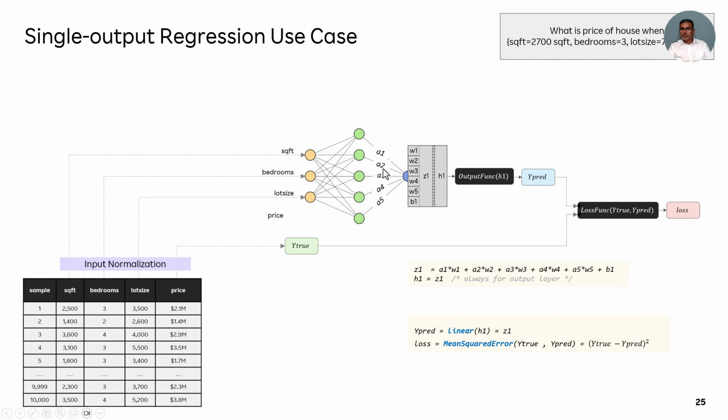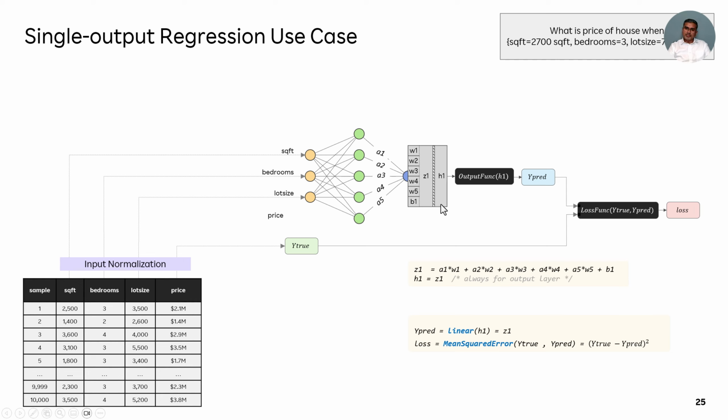You take the activation coming from the second neuron A2, multiply it with the weight W2, and A3 multiplied with W3, A4 with W4, A5 with W5, and then you add the bias value in this output neuron here, and you add up all of these things. That is the value of your logit.